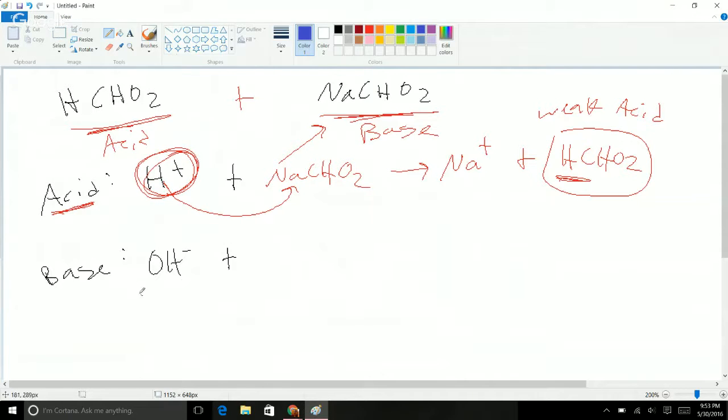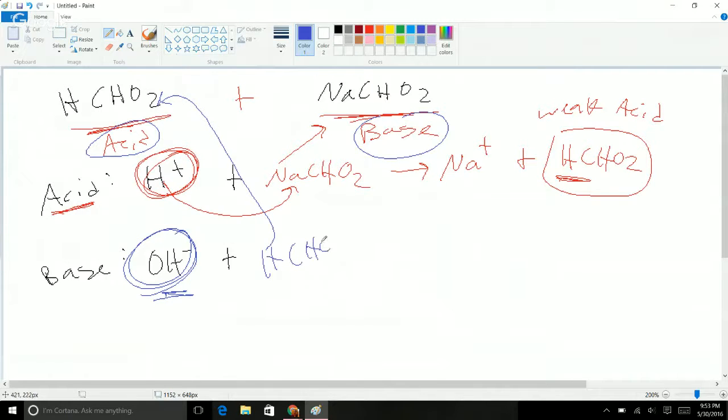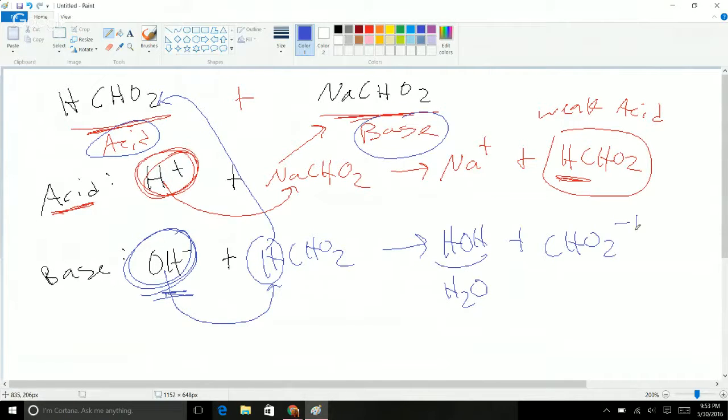Okay, in my other part, I have my base, my OH minus. If you are a base and OH minus, who would you want to hook up with? The acid or the base? Totally the acid. Boop. HCHO2. And if these guys react, now the OH is going to be attracted to this H+, and they'll make HOH, or water. And then CHO2 will be floating around, 1 minus.